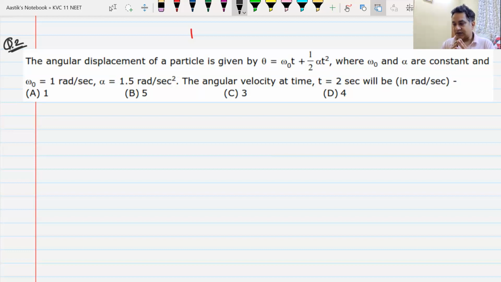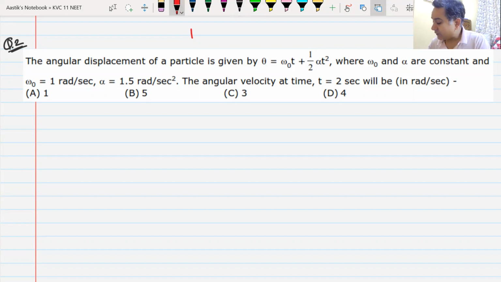The correct option is option D. D for Delhi. 4 radians per second. Everyone got this? Yes or no?